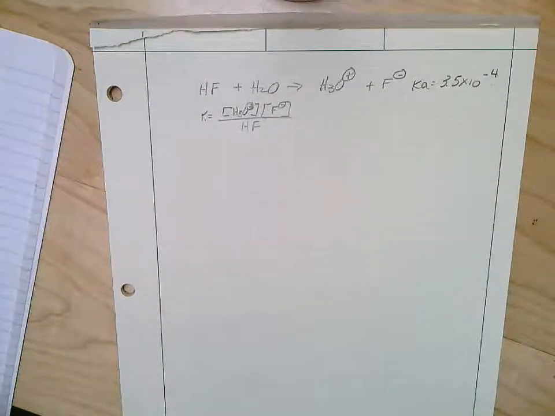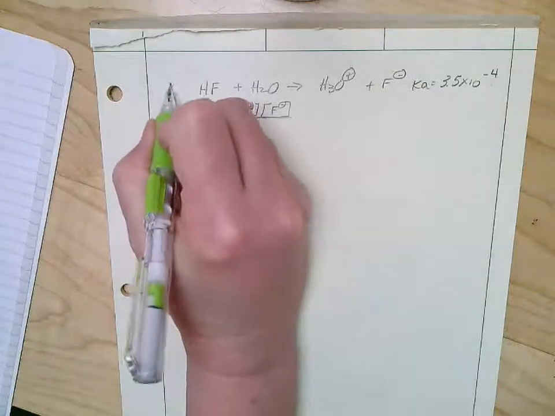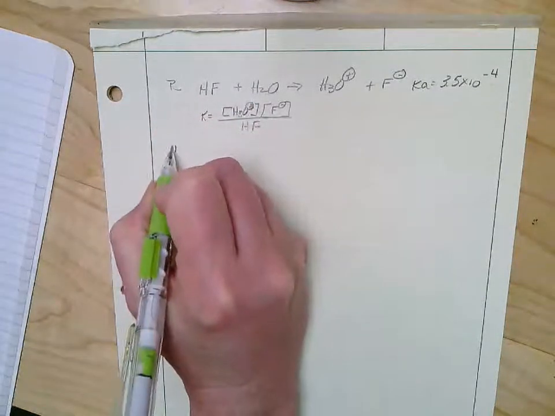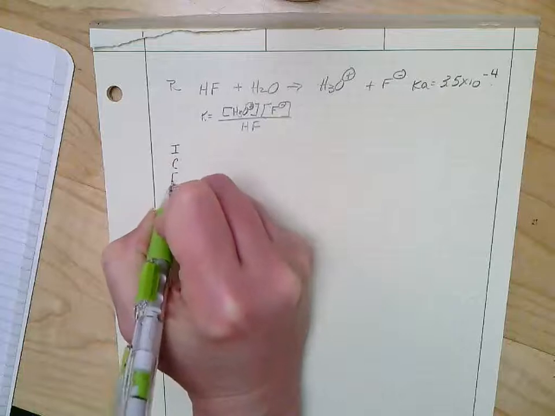So at some points on this, you're going to have to use the quadratic formula. So the self-ionization of water will be an issue. So we are going to use, here's the R part of it, we're going to have to do RICE.